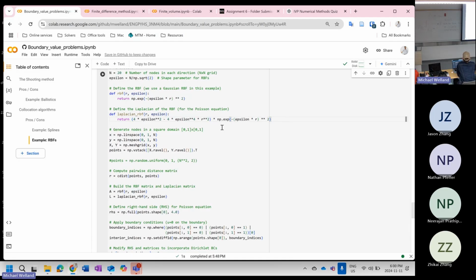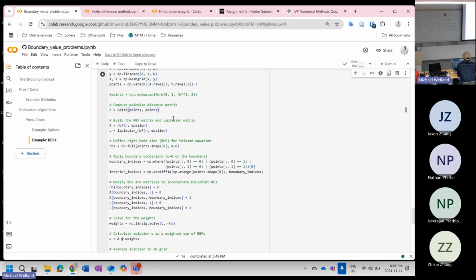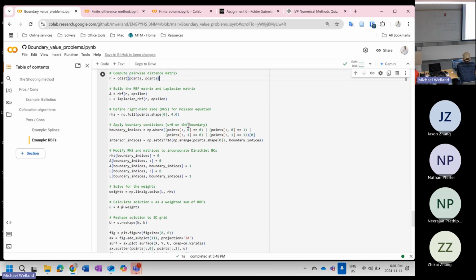That's what this function is doing. Then you define your mesh, right? That's in the X, the Y, you do your meshgrid, you ravel it so that it works right. You calculate your pointwise distance, which goes into your radius, apply your RBFs, and make your function. You can go through this in your own time.